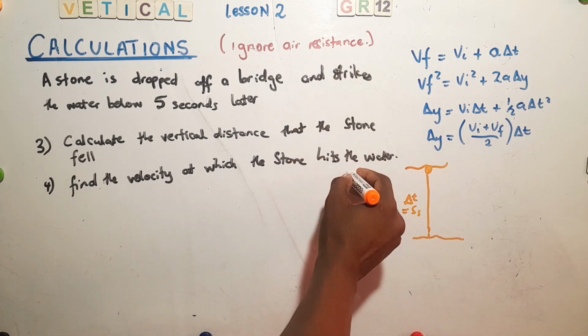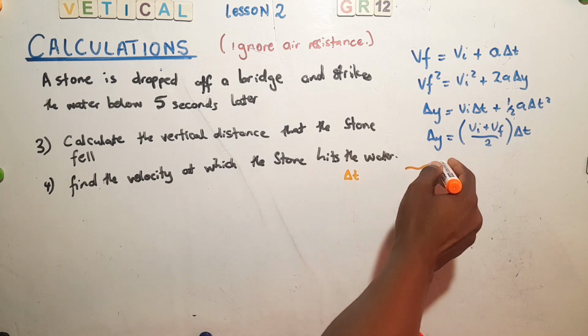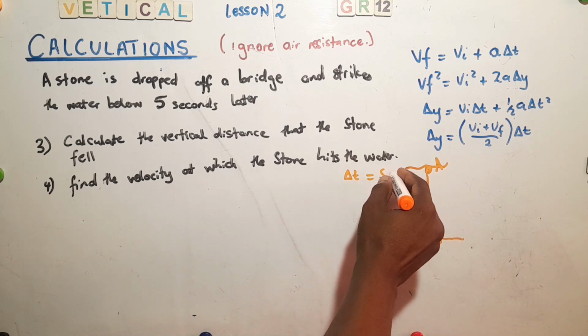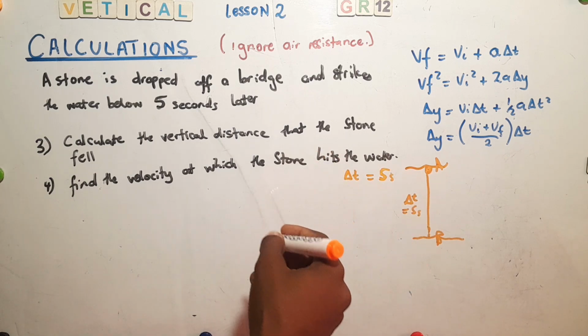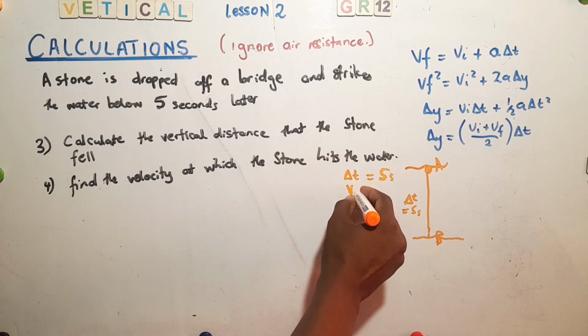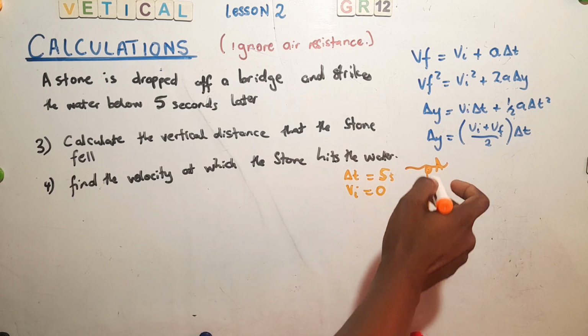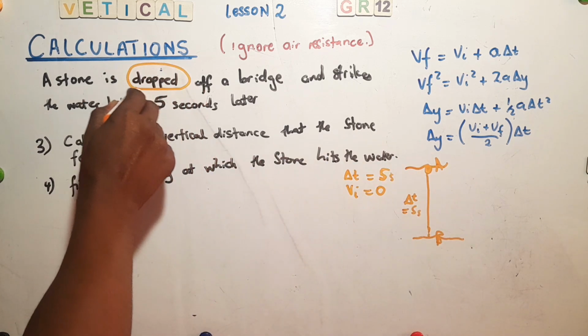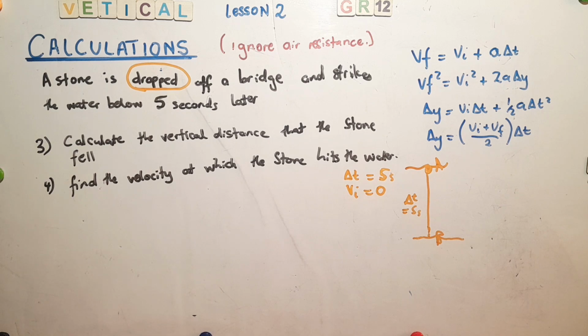So already we know that the time it took to move from A to B is 5 seconds. And also we know that our initial velocity is 0 since it was dropped. Anything that is dropped, the initial velocity is 0.